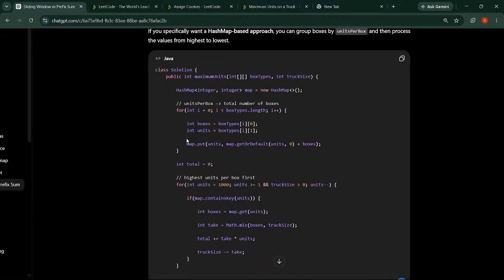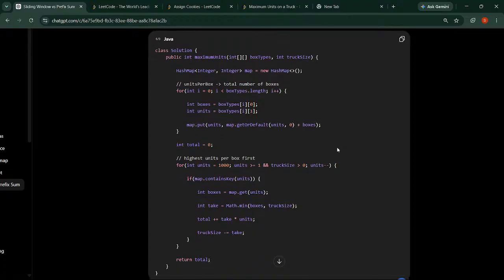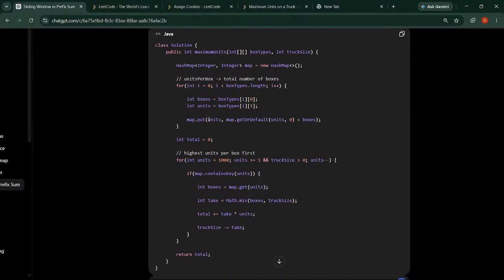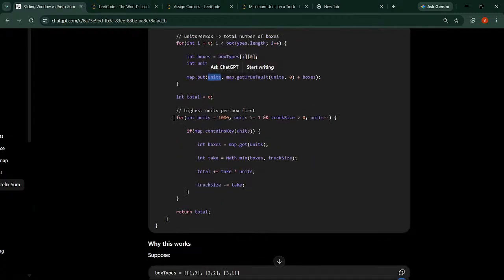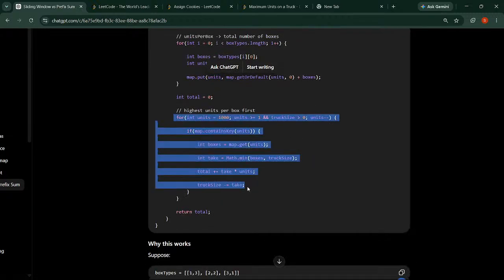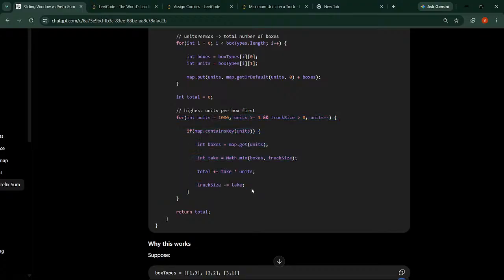We stored our units first and we added the boxes to the units, map get or default. We stored key as our units and boxes as our frequency. Okay. Highest units per box, and this looks a lot different from the greedy approach.